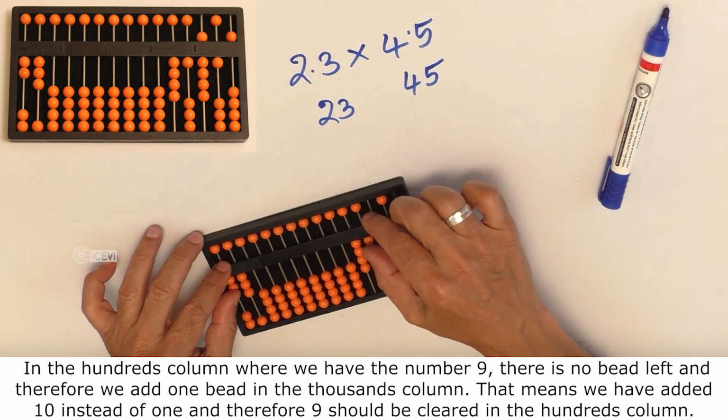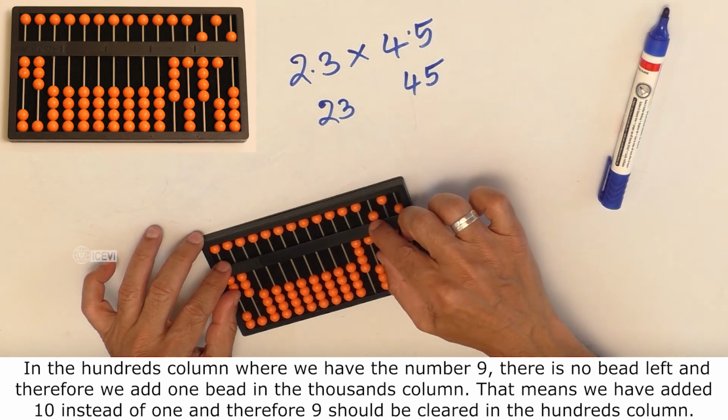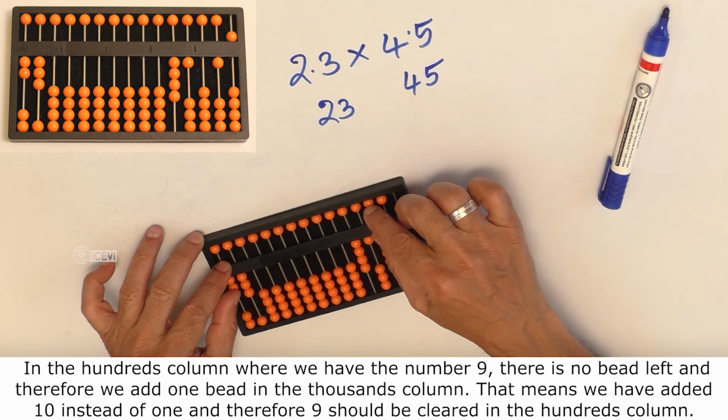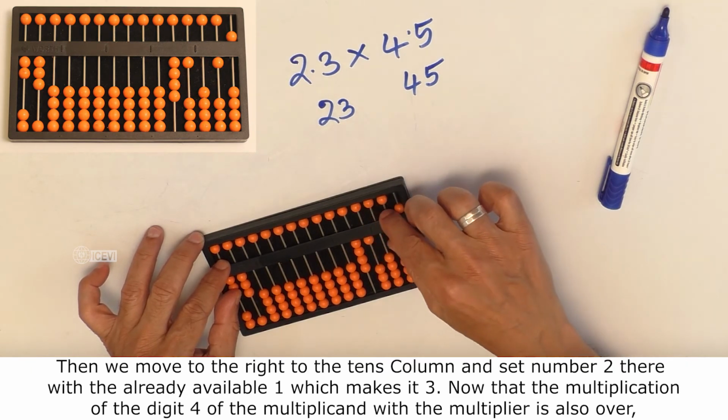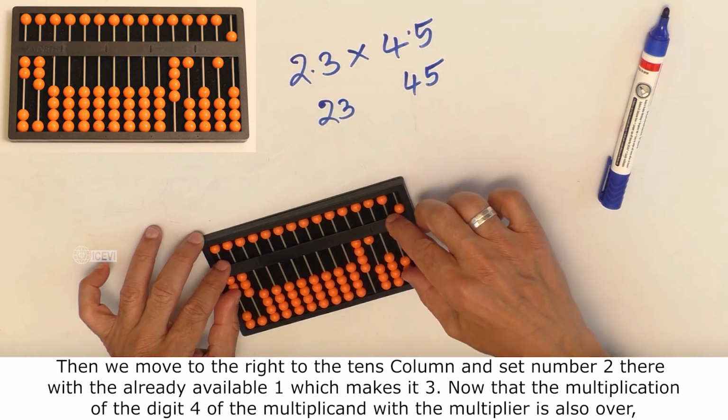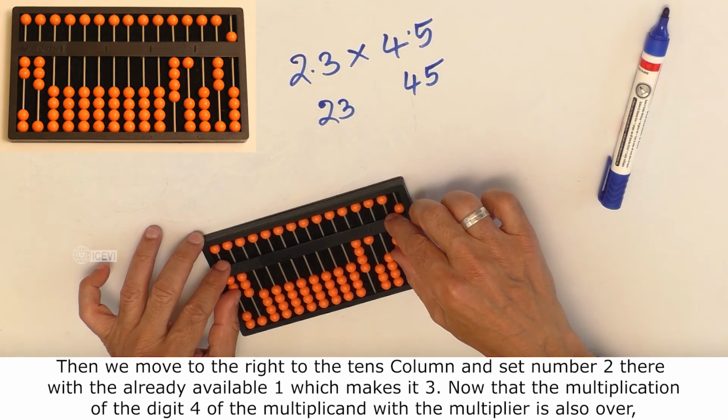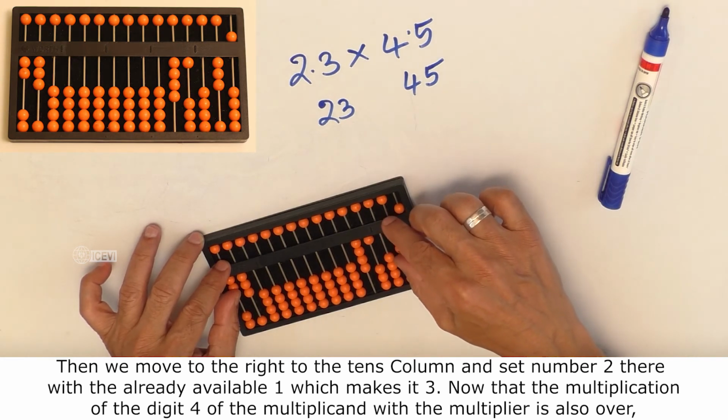That means we have added 10 instead of 1, and therefore 9 should be cleared in the hundreds column. Then we move on to the right to the tens column and set the number 2 there with the already available 1, which makes it 3.